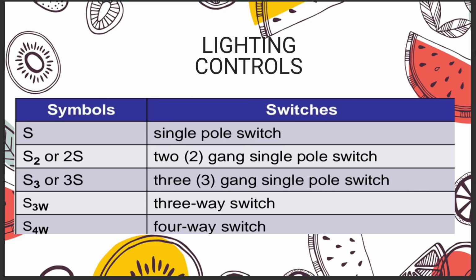Now, here are the symbols of the switches. First is single pole switch. The symbol is S. Next is two-gang single pole switch. The symbol is S sub 2 or 2S. Next is three-gang single pole switch.